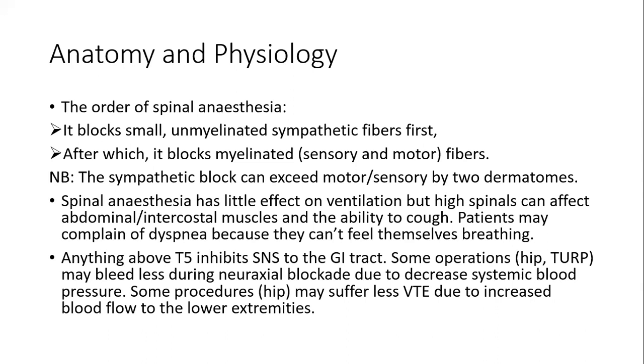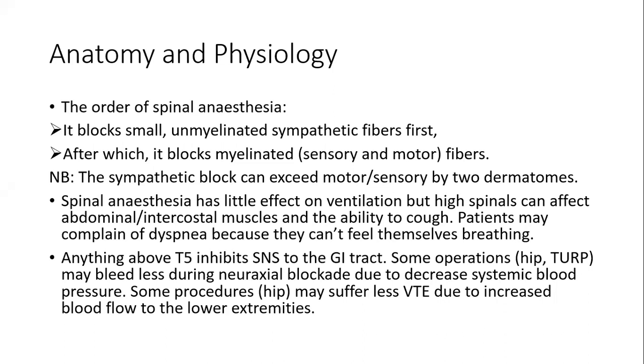Don't forget that spinal anesthesia has little effect on ventilation, but a high spinal can actually affect the patient's ability to cough. Sometimes the patient may complain of difficulty with breathing. This is just an indication of a high spinal, and positioning your patient and giving oxygen and reassurance may help in this case.